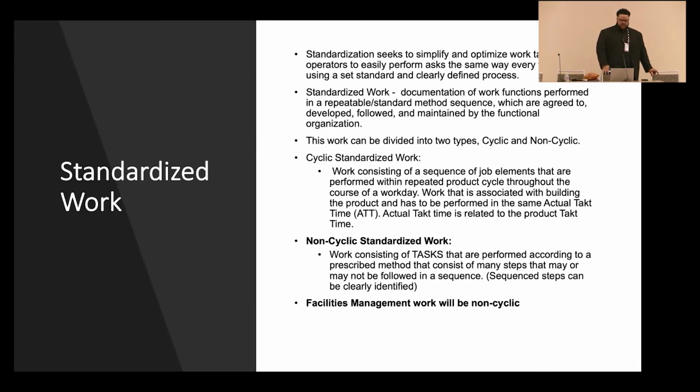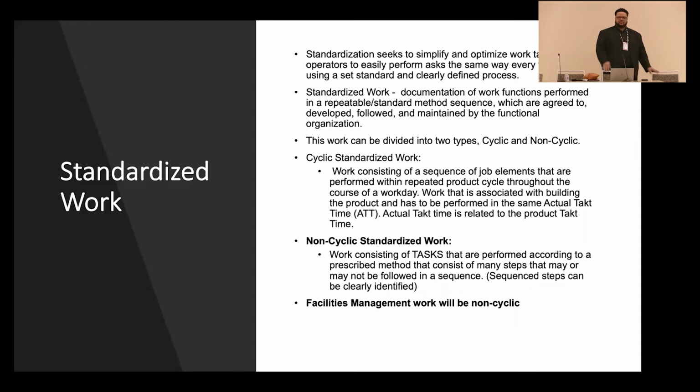And in the lean world, standardized work can be divided into two types: cyclic or non-cyclic. Cyclic standardized work is work consisting of a sequence of job elements that are performed within repeated product cycles throughout the course of a work day. Work that's associated with building a product has to be performed in the same takt time, and then actual takt time is related to the product takt time.